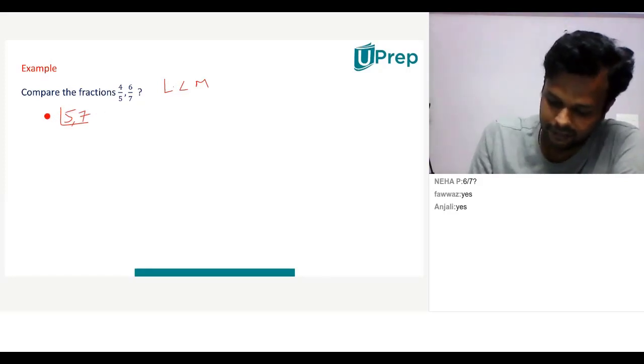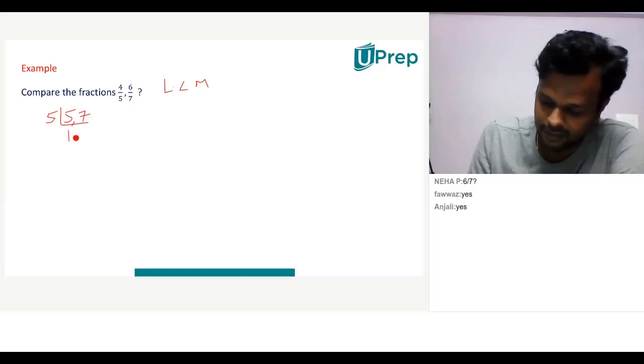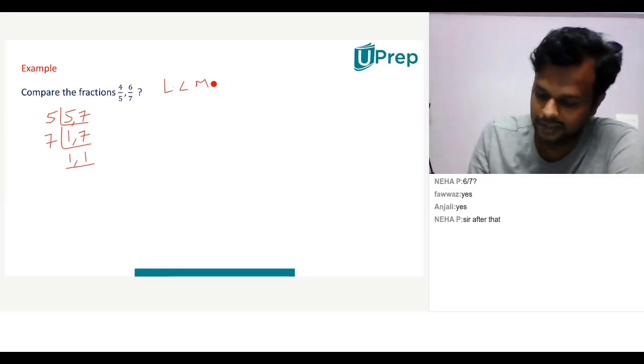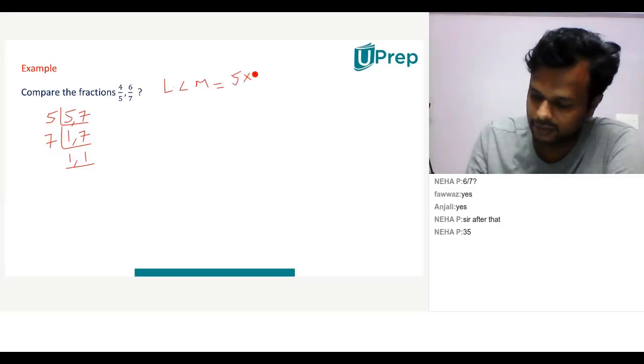So I have 5 ones are 5. So 7 will be as it is. And then again 7 ones are 7. So the LCM in this case will be, children, 5 into 7. So that is equal to 35.